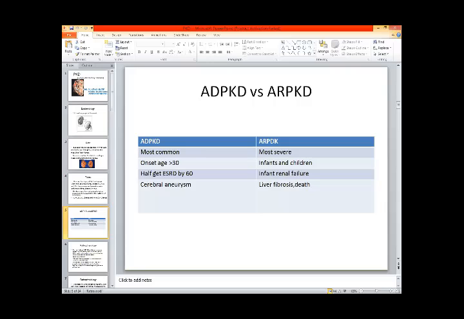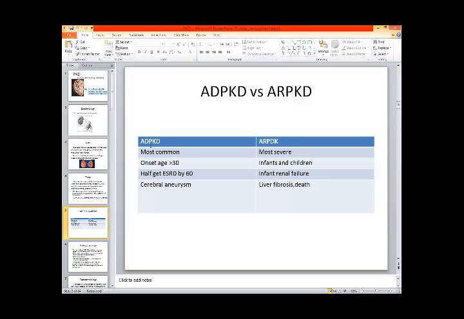Half of the patients suffering from adult polycystic kidney disease end up with end-stage renal disease at the age of 60. But in autosomal recessive polycystic kidney disease, patients usually go into renal failure in the early part of life.